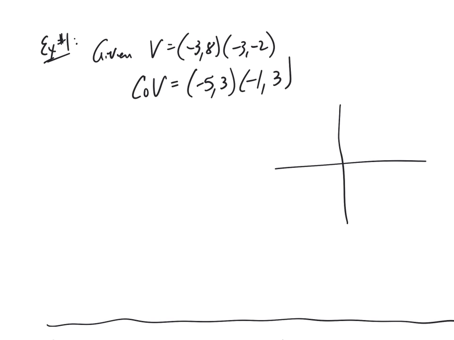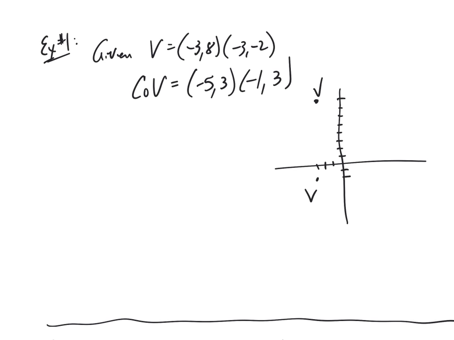So if you just draw a sketch of what's happening here, the vertices are at (-3, 8), so left 3, let me try those again, guys. Left 3, that looks a little better, and up 8: 1, 2, 3, 4, 5, 6, 7, 8. So there's one vertex, and then (-3, -2) is another vertex.